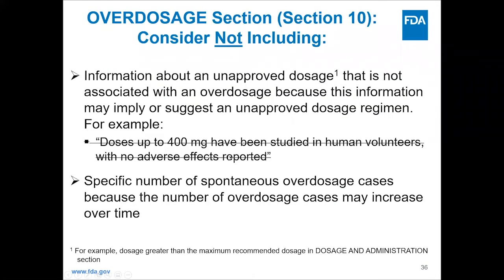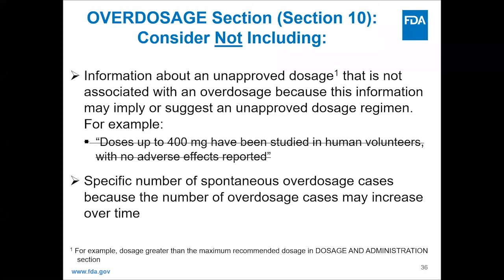And then we generally ask folks to consider not including information about unapproved dosages. So, for example, in this situation, let's say the drug is dosed 10 milligrams once a day, but in early explorations of the drug, they studied up to 400 milligrams because they were doing exploration. However, it's approved at 10 milligrams. We generally don't include such information because maybe only 1 or 2 patients receive 400 milligrams.